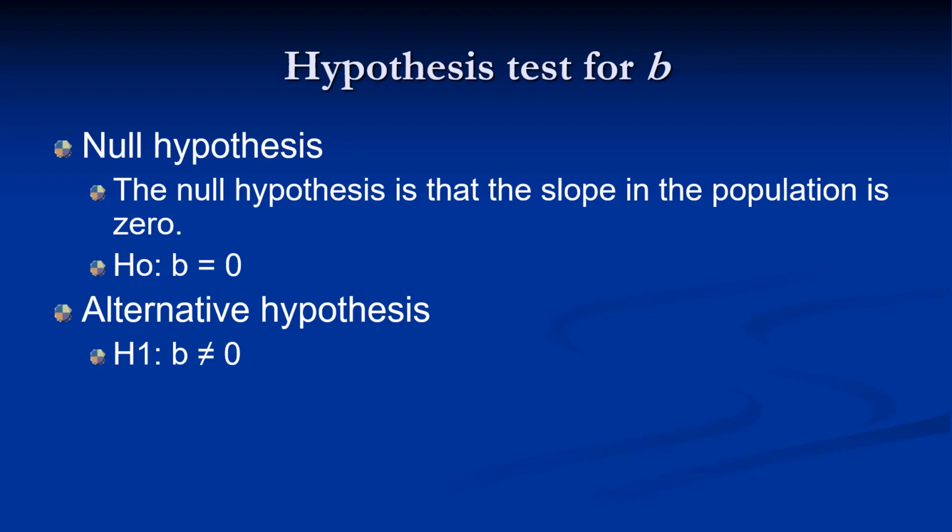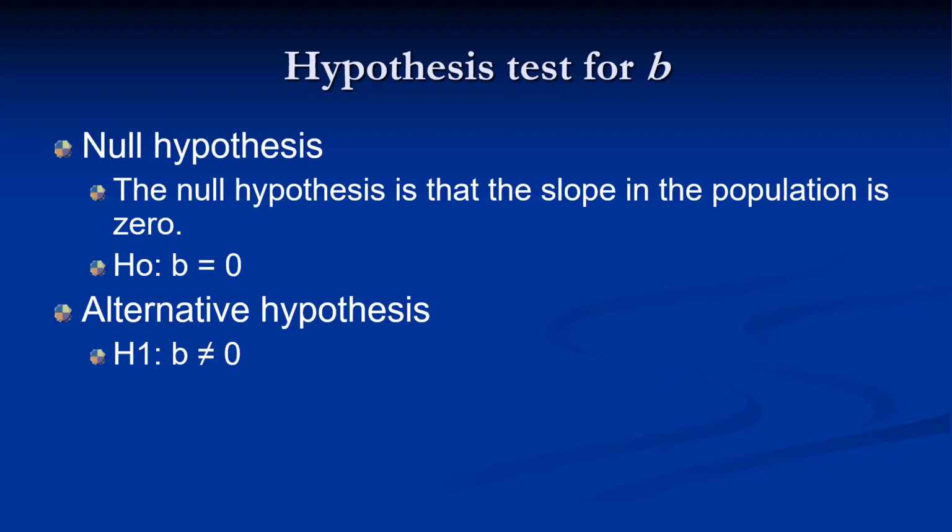This is implicit when we say that there is no linear relationship between the height and gestational age. The alternative hypothesis is that the slope in the population is not 0. If this is true, we can say that there is linear relationship between the height and gestational age.